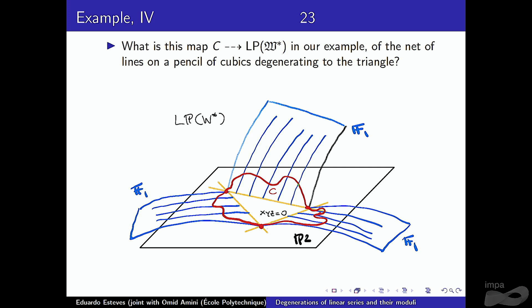If you follow along these lines, the rulings, you have a map from all this setup here to the P2, which is just a projection along these rulings. And then you get the triangle. So it's as if we are just looking at our triangle in the plane, and we didn't see this nice geometry that you had on this surface there.